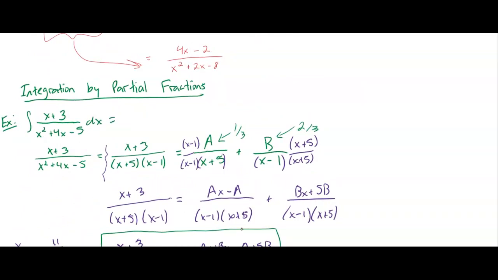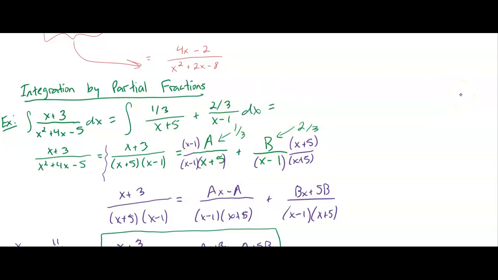So this integral is equal to the integral of what I did all that work with to figure out how to separate that into two fractions. Well, it's the same as the integral of 1/3 over x plus 5 plus 2/3 over x minus 1. Notice this piece is this piece, and this piece over here is that one, the dx.